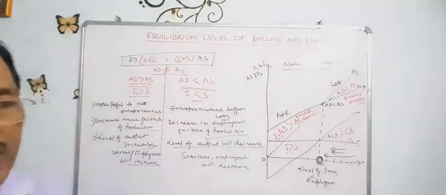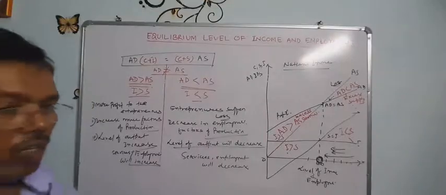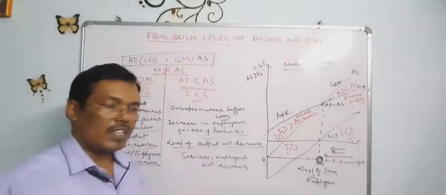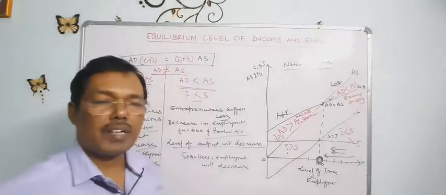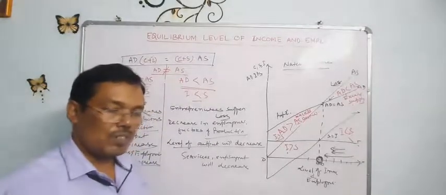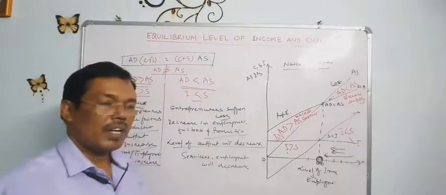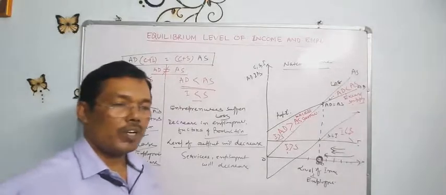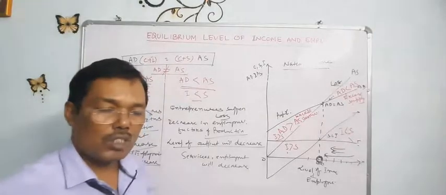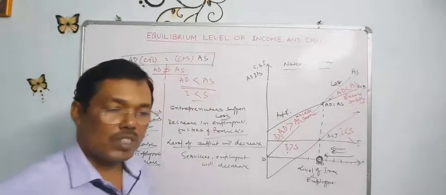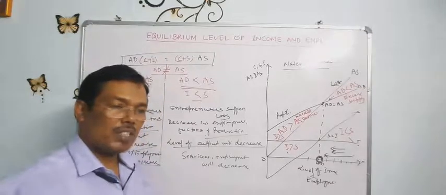Or, as I have always said, national income means factor cost. So whenever a country is able to produce more and more goods and services, its national income will increase.